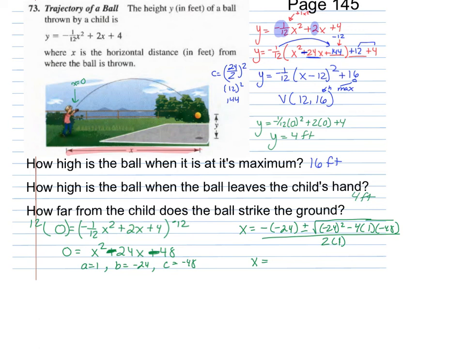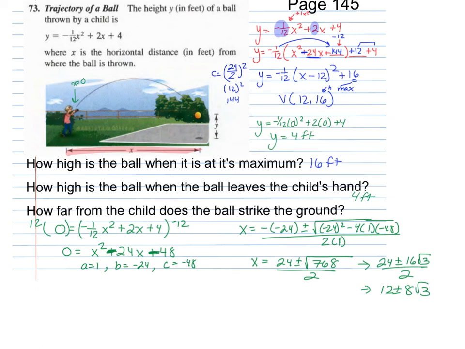You simplify it, and I'm going to get positive 24 plus or minus the square root of 768, divided by 2. Inside of 768, there's a perfect square, so it's going to be 24 plus or minus 16 square root of 3, over 2. Since 24 and 16 are even, I can simplify this a little more, and I get 12 plus or minus 8 square root of 3.